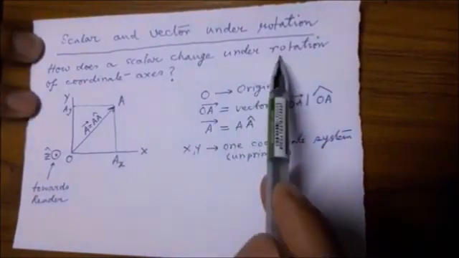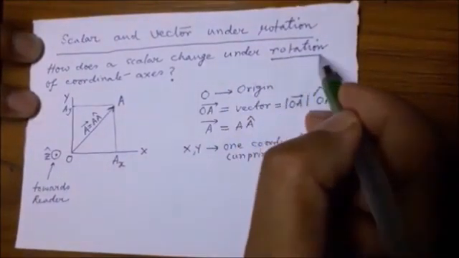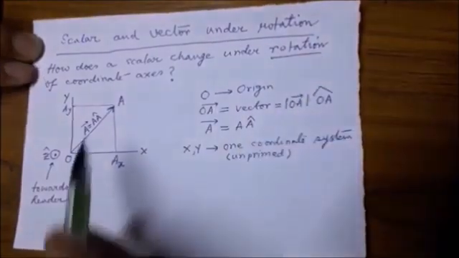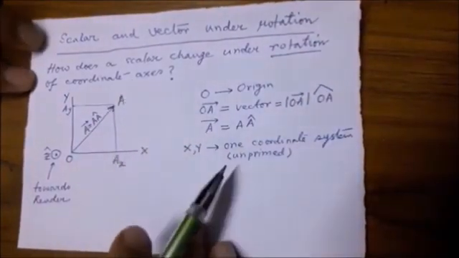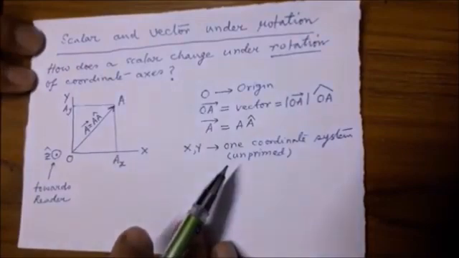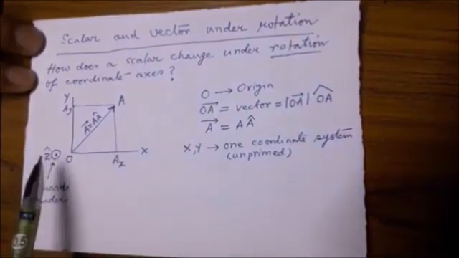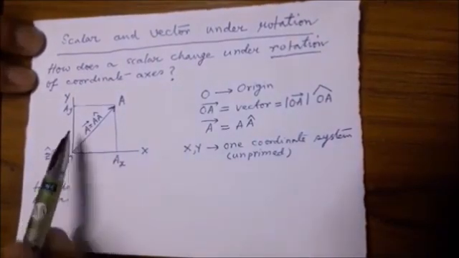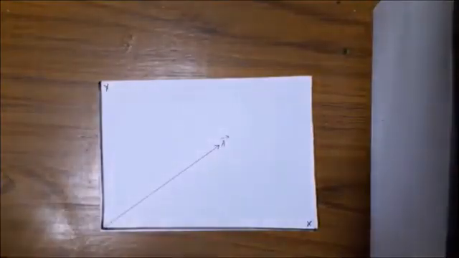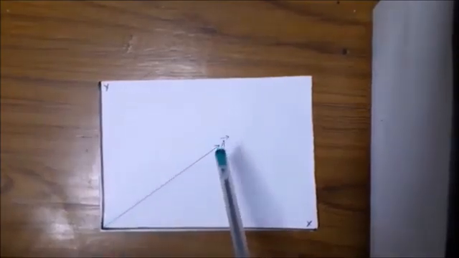Now we have to rotate the coordinate axis as given in the question, and the rotation should be with respect to the z axis, which is perpendicular to x and y. Consider the set of axes shown. This is x-axis, this is y-axis, and this is the given vector A. We consider another set of axes.